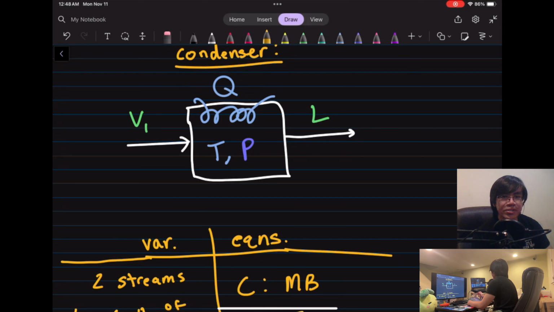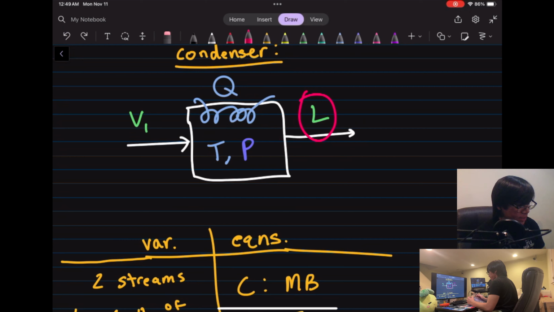So since the outlet stream is the same as the system, we're approximating it like that. In reality, usually it won't be the case, since with pressure we have to think about fluid dynamics, in which case there might be a pressure drop. And with temperature, there might be some heating losses. But in our case, we're just going to say that the temperature and pressure of this outlet stream is the same as what's inside here.